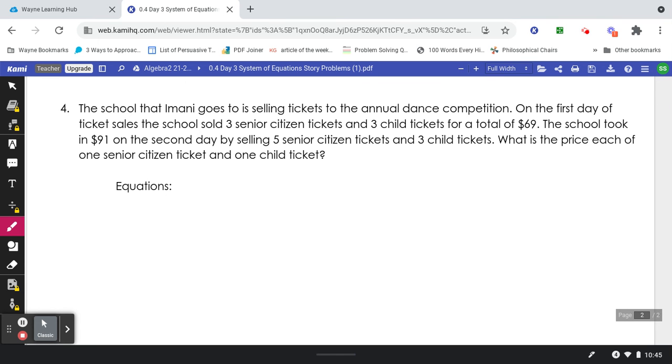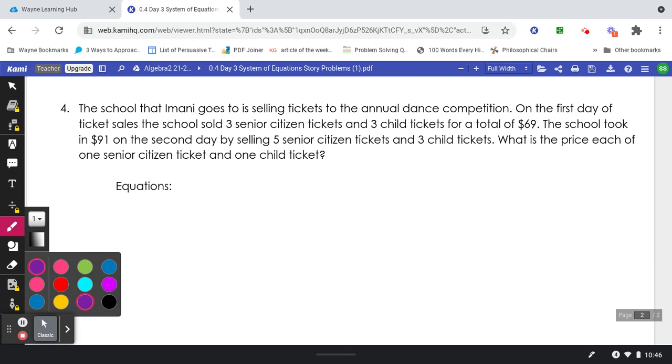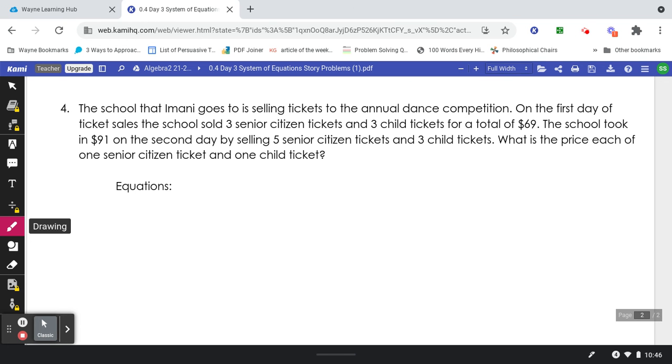So all the first day information goes in one, all the second day information goes in another. 3 senior citizen tickets on the first day, 3 child tickets, and a total price. That's all going to go in the first equation. I'm going to call it senior citizen for S. 3 child, $69.